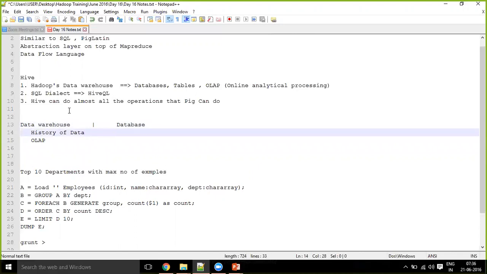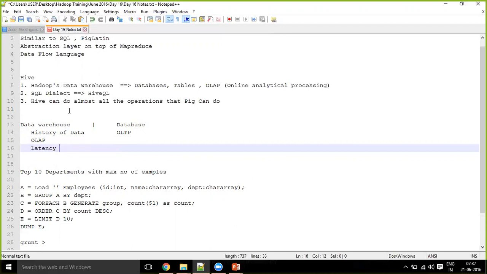Coming to a database, the main intention is OLTP, with low response latency, whereas the warehouse has high latency. I will explain what that means.